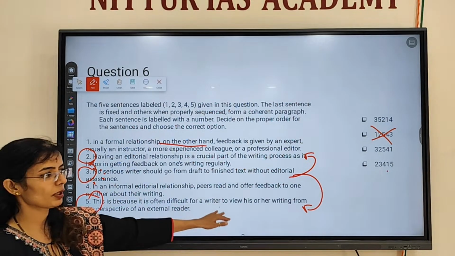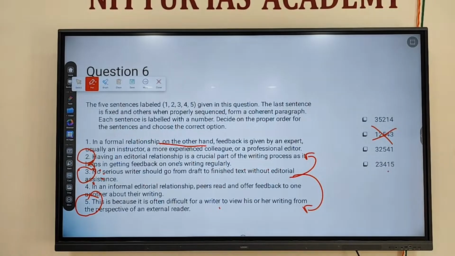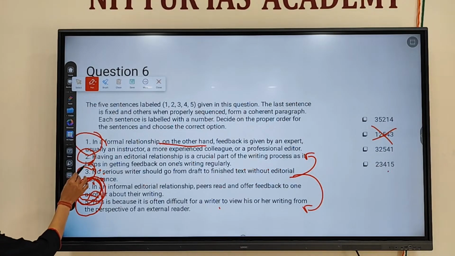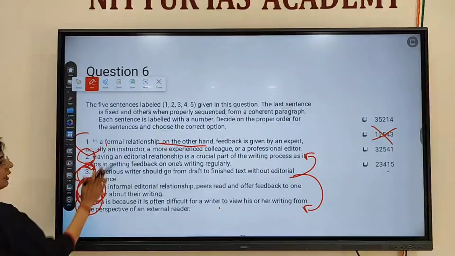Because it is difficult for the writer to see his work from a third person's view or a different perspective. So feedback offers a different perspective, a reader's perspective, for analyzing their work, right? And after analyzing, now what happens while taking the feedback? There are 2 different views. One is the informal view where friends and peers are reading, and one is the formal view. Got it? So first is the writer needs someone.